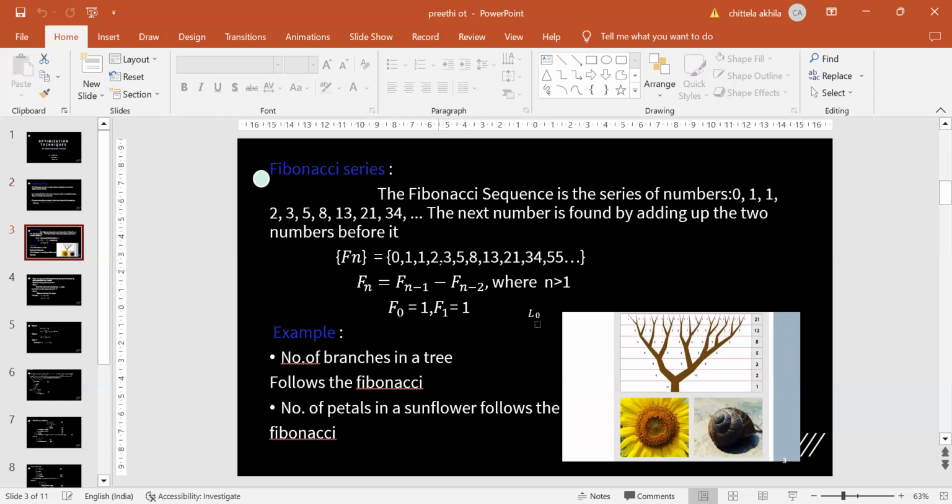We are adding the two preceding numbers. This is the formula, and examples of the Fibonacci series are the number of branches in a tree and the number of petals in a sunflower, which also follow the Fibonacci series.